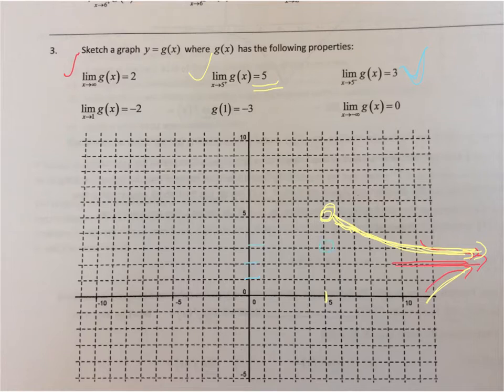Again, I'm going to draw a circle because I don't know that the function equals 3 there. I know the limit is approaching 3. Okay, so that means that I have the function going closer to 3, the y value of 3, but again, I don't know whether it's above or below yet. So that's why the outline kind of idea.